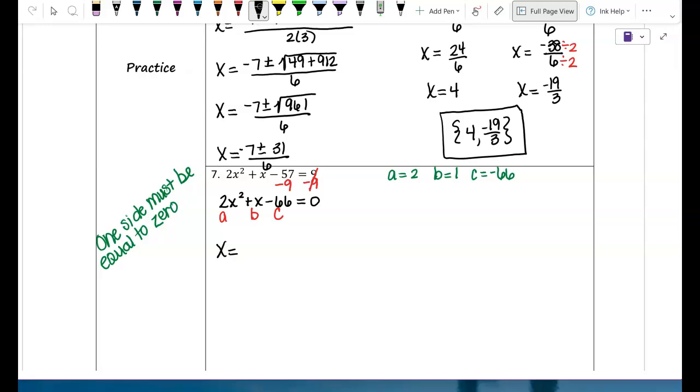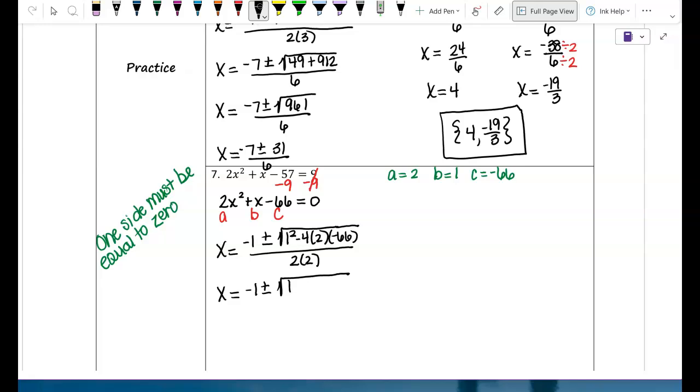So x equals negative 1 plus or minus the square root of 1 squared minus 4 times 2 times negative 66, all divided by 2 times 2. 1 squared is 1.